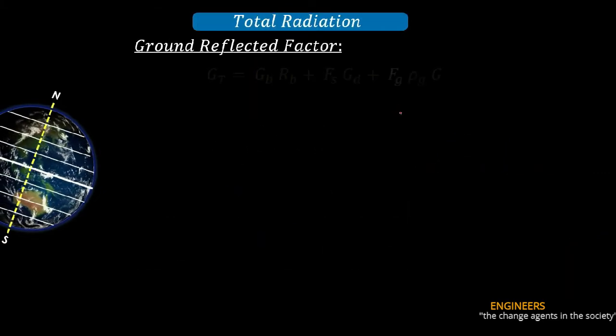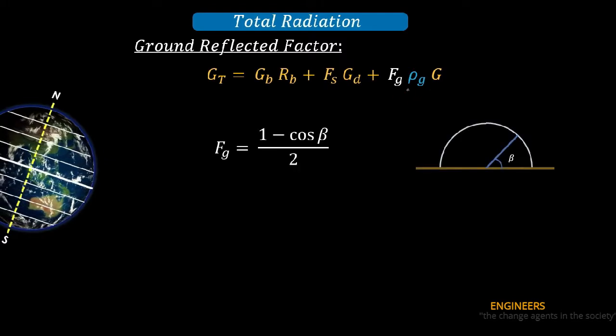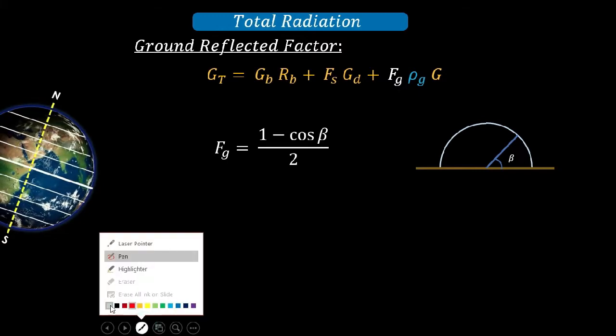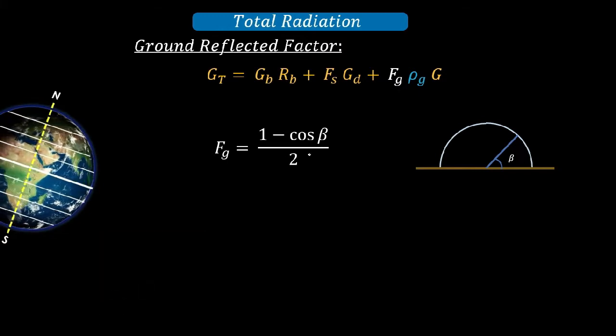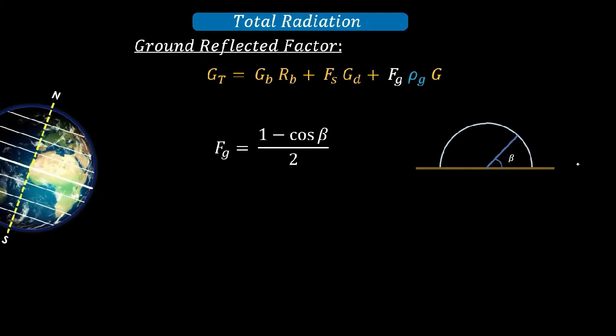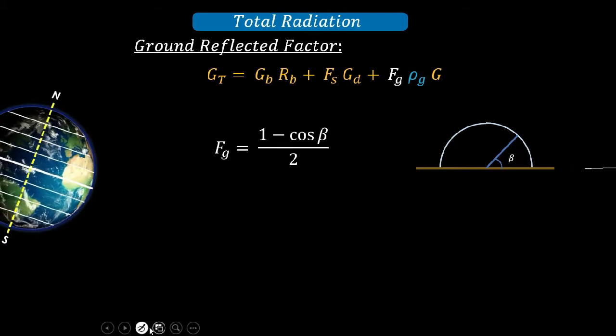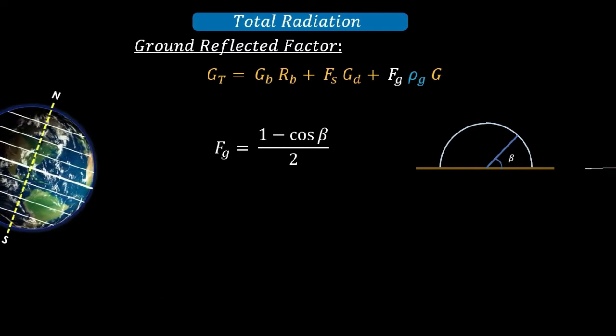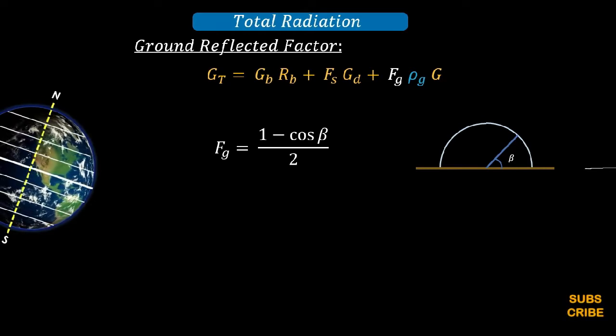Now considering the part of ground reflected radiation, where Fg is the ground reflector factor. This is calculated by using this expression, (1 minus cos beta) upon 2. Now again considering an imaginary horizon in which the radius of the horizon is equal to the height of the plate, in the first case let's consider the photovoltaic module placed horizontally on the surface. In this case beta, the slope, is going to be 0.